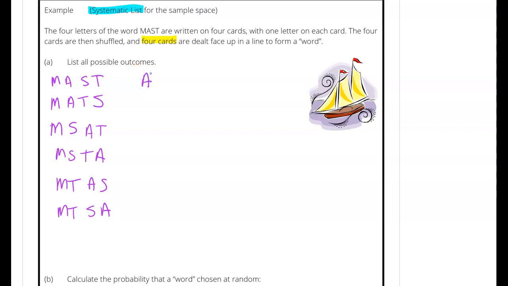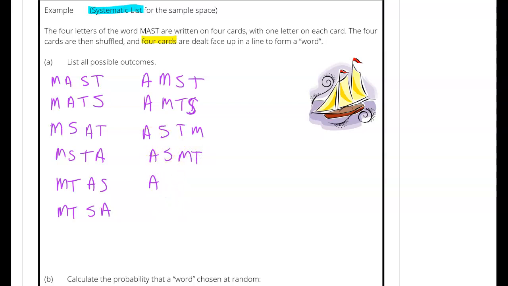A is a good one. So if we start with A, and maybe A-M. So keep going. How many are there? Alana has told us there are 24. Right, A-S-T-M, A-S-M-T, A-S, sorry, not A-S, try again.